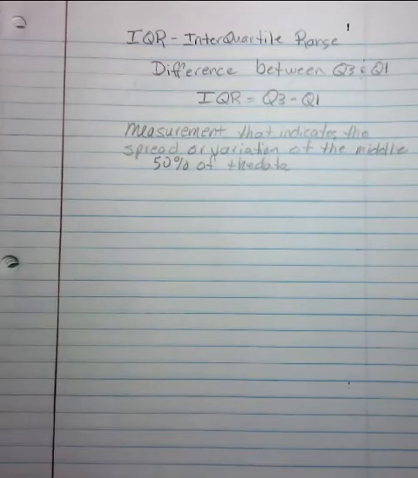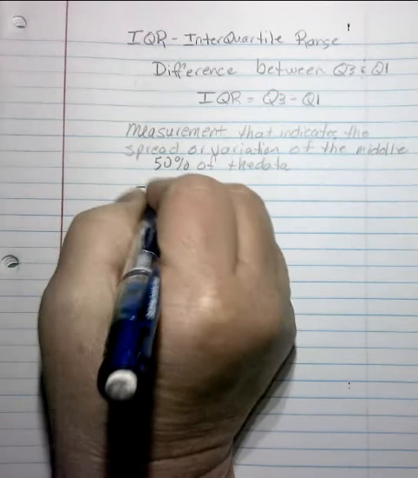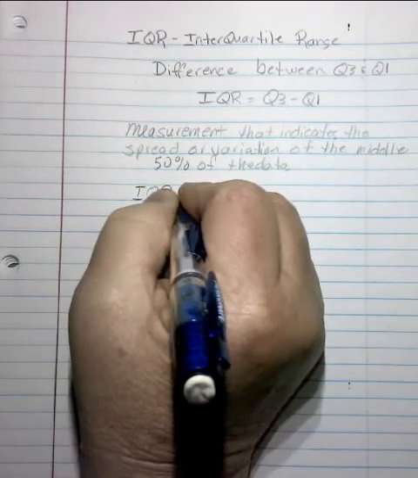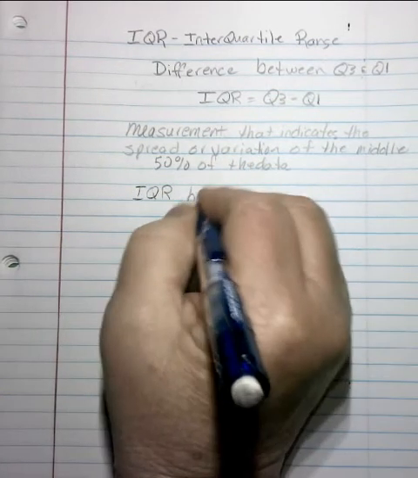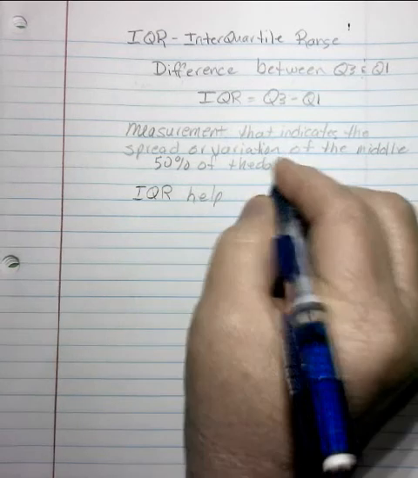Another item that the IQR is used for, and we looked at that with our last lesson, is that the IQR does help us to find if we have outliers.